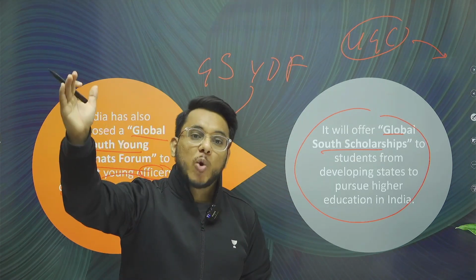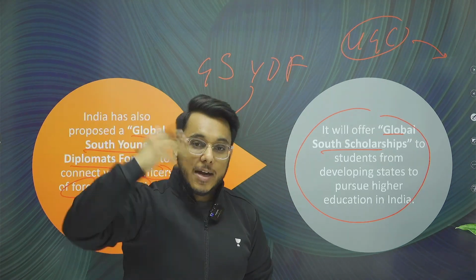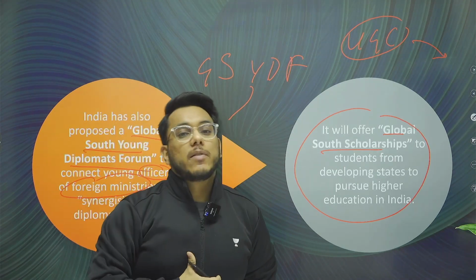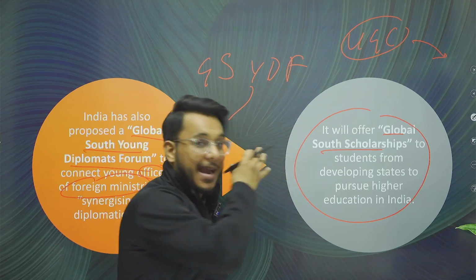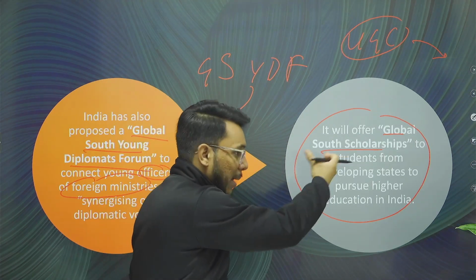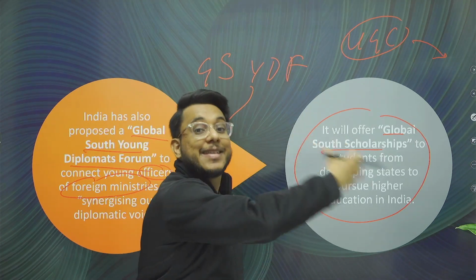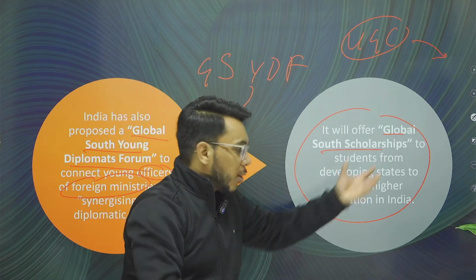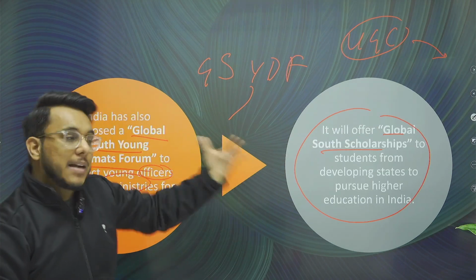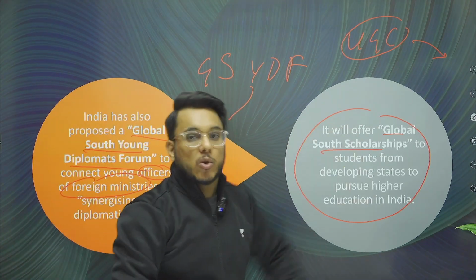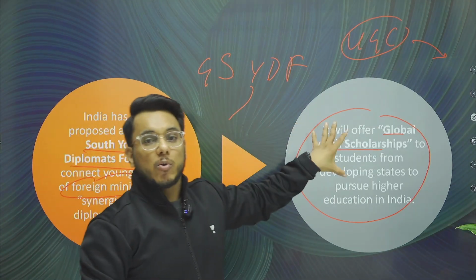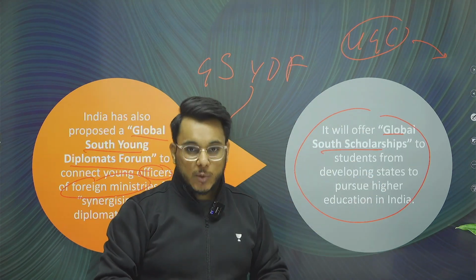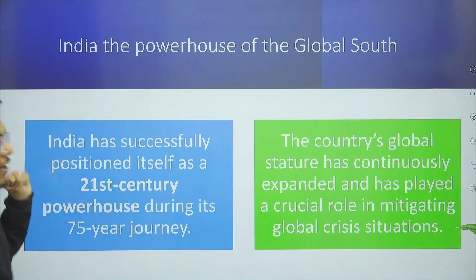Students have to go to Europe or North America for higher studies, but studies are very expensive there because the cost of living is very high. Now India can act as a counter. India, number one, is inviting foreign universities. Then India's own premier institutions are there, so they can offer quite a few options to students. They can come to India and study. So, Global South scholarships. By this, India will emerge as an educational hub in the Global South. Fine. So all these initiatives have been launched.